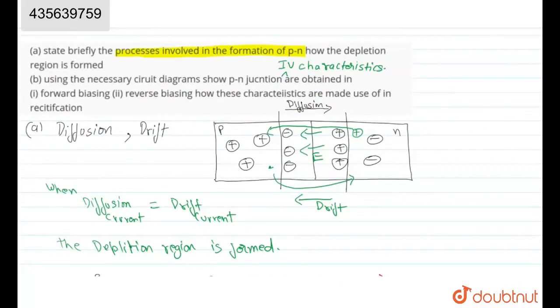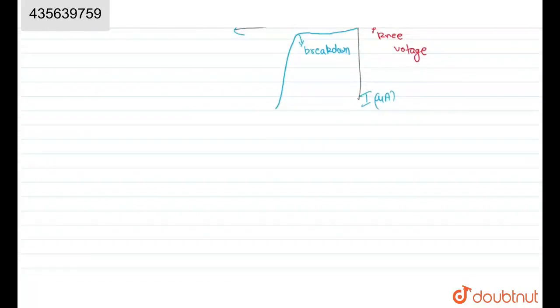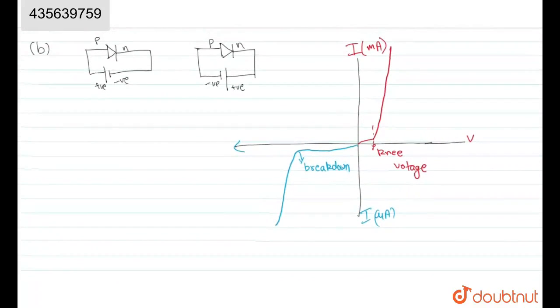Now we will see how these are used in rectification. So in the forward bias, the equivalent diagram for PN junction is short circuit, and in the reverse bias it is open circuit.